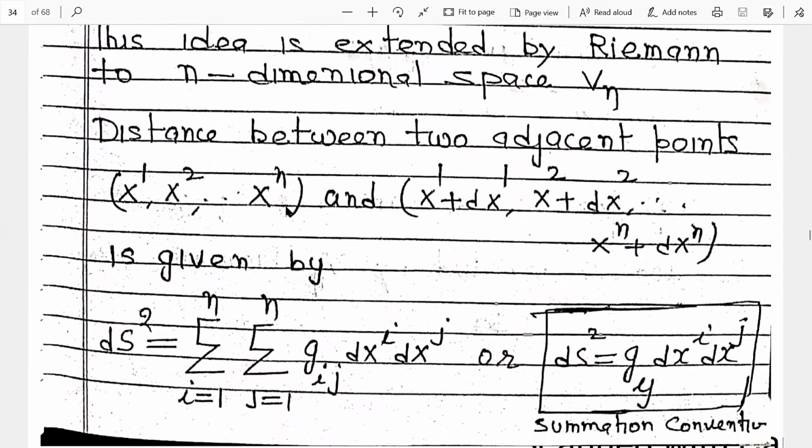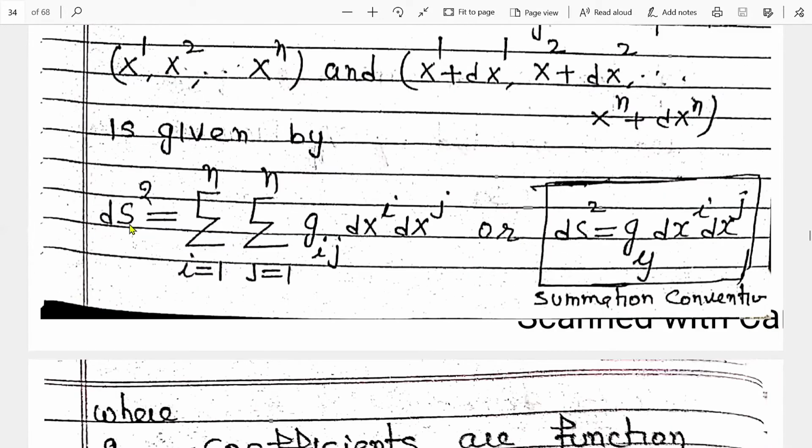Now the distance between two adjacent points becomes ds square, which is equal to summation over i, summation over j, of gij dxi dxj.